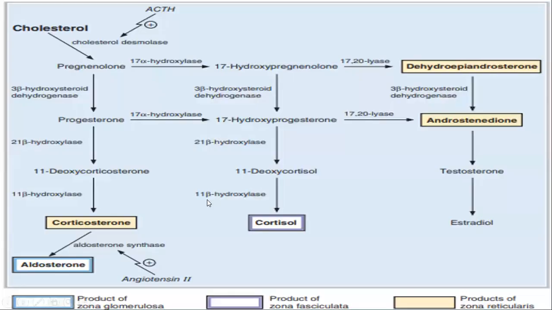So here, the steroids are previously hydroxylated at carbon 17, and then by the action of lyase, we yield the 19 carbon steroids, DHEA and androstenedione, which are precursors for the sex hormones.